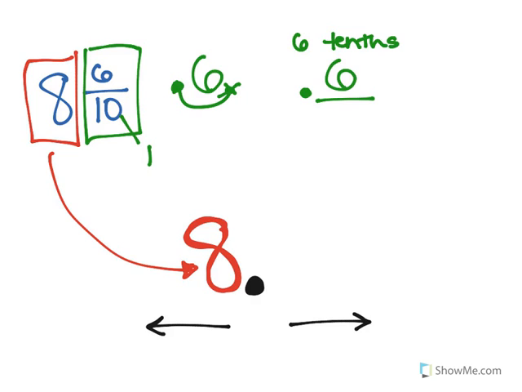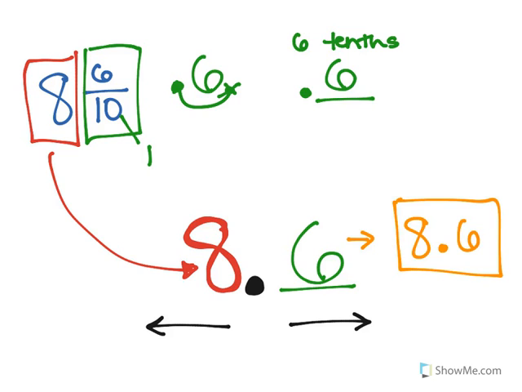Either way works. So I know behind my decimal, I need to put one line for the tenths and put the 6 on top. So I now have my new decimal of 8 6/10 right there. Okay? It's pretty simple once you get the pattern.